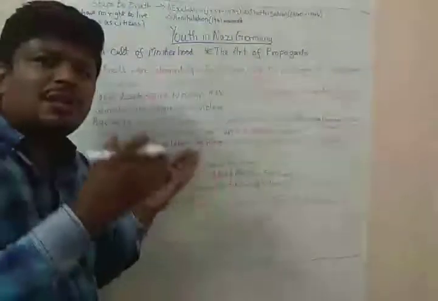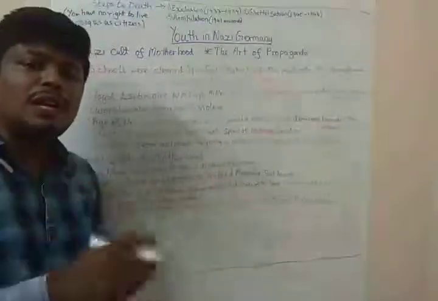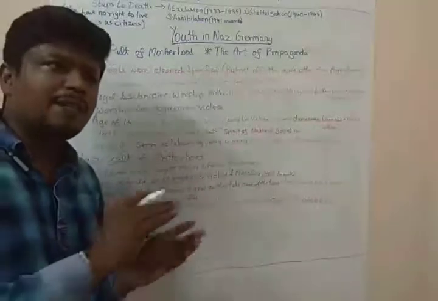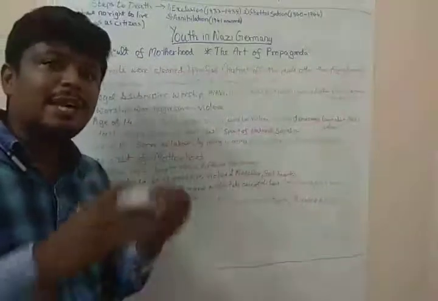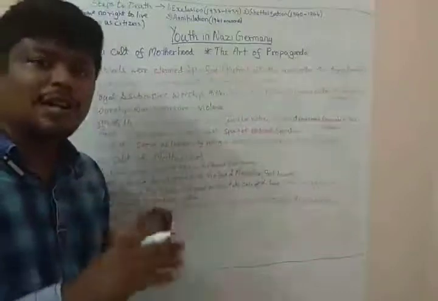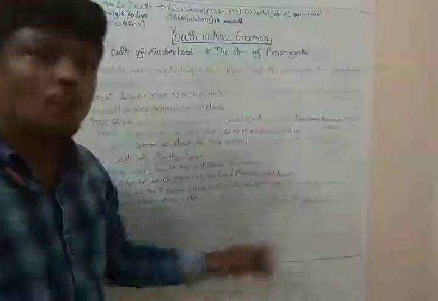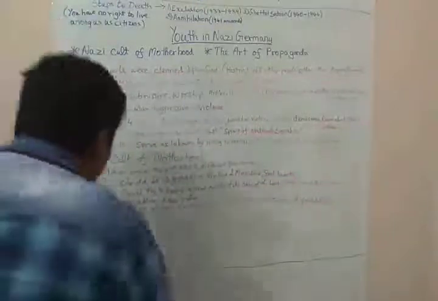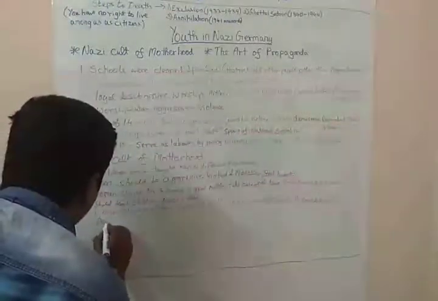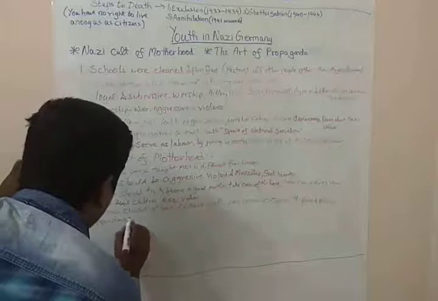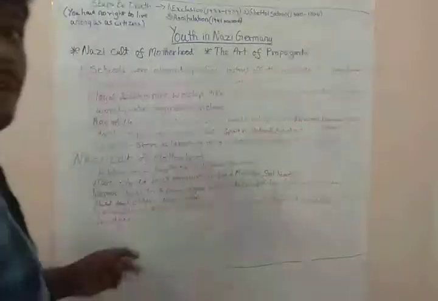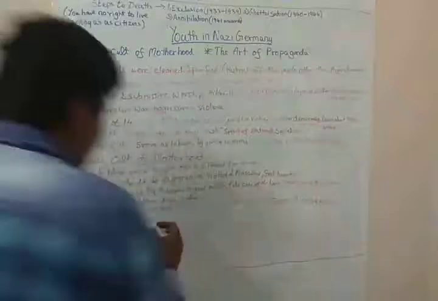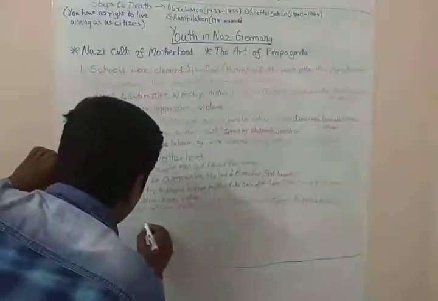A pure German girl or woman should marry only a pure German man. Okay, ma'am. They should not marry other people. In case they are marrying or having contact with these people, what was the punishment given to those women? The punishment is, the girl should be what?